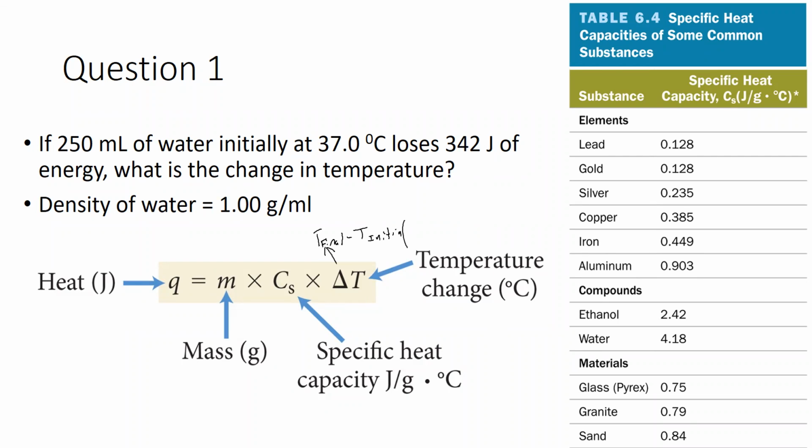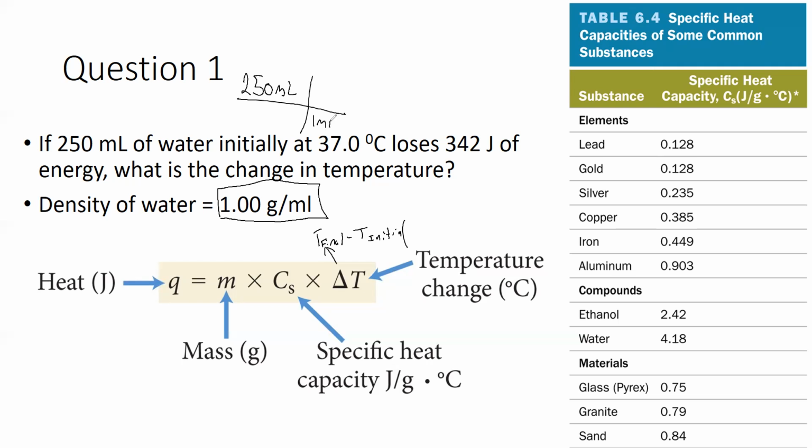I think I need to convert 250 milliliters, but I'm not sure how to set up the conversion. This is something we talked about in our first month. So I want to convert from milliliters to grams. That's a density, right? Density says for every 1 gram of water, I have 1 milliliter of water. So let's set up our train tracks, 250 milliliters.